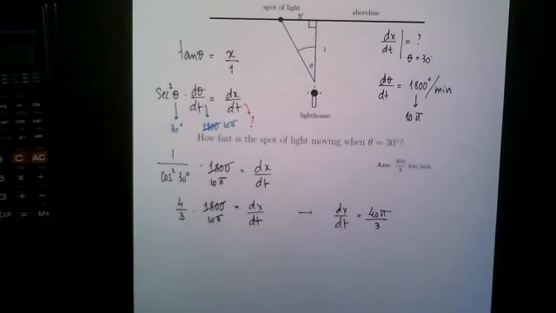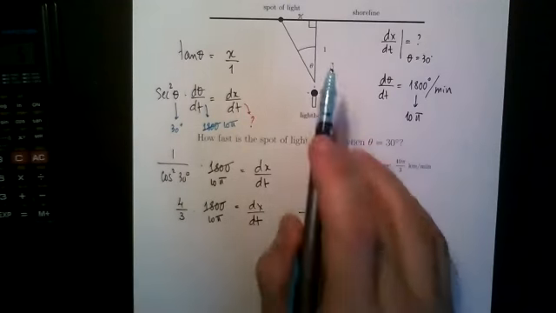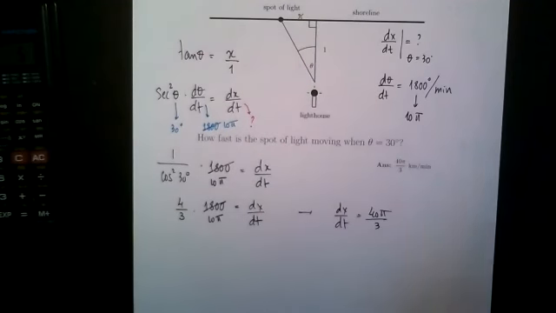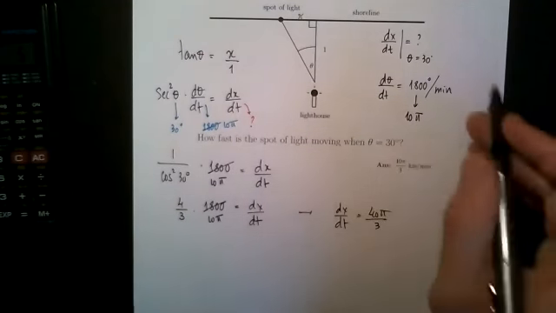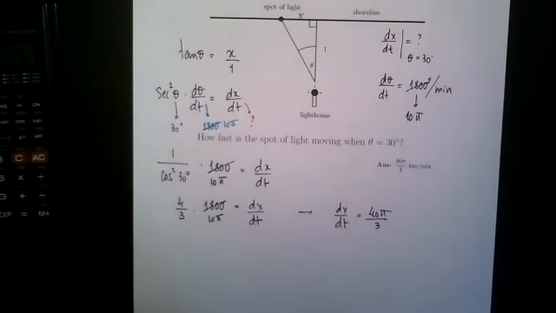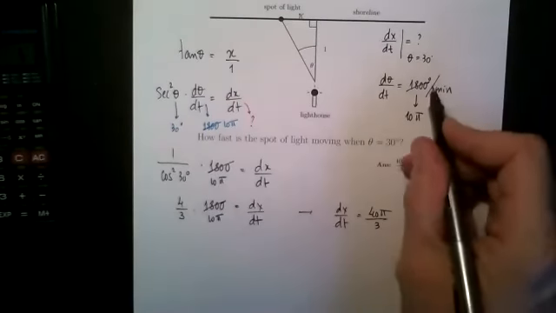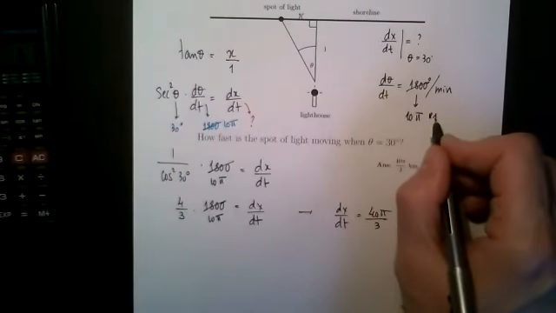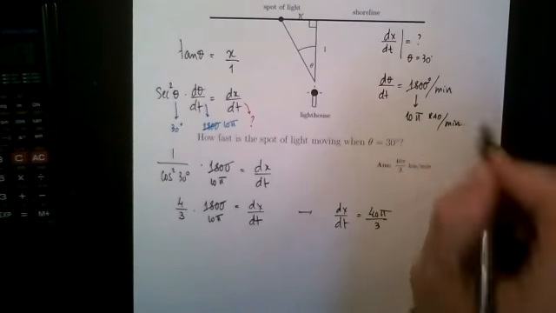What's wrong with putting it in degrees? We have to put it in radians because radians is actually a measure of the arc. So I should have put it in radians: instead of degrees per minute, radians per minute.